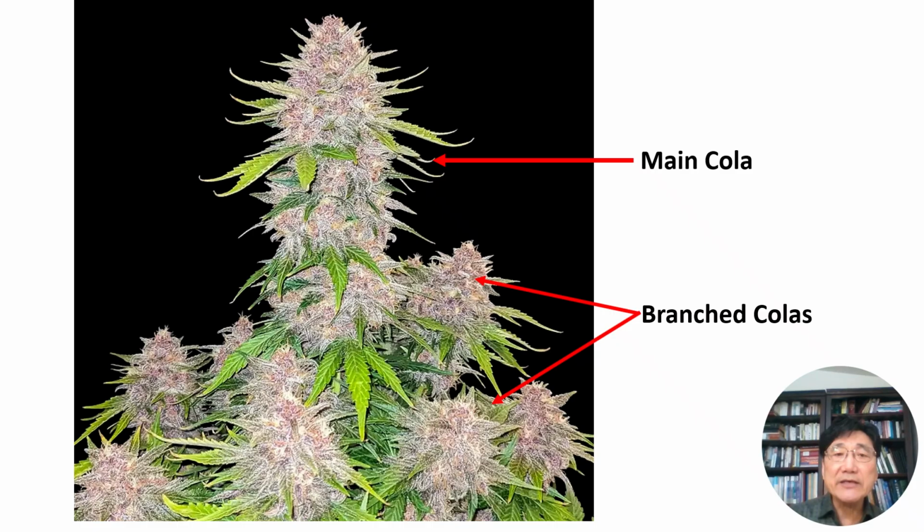The main collar is at the top, and the secondary collars are small and on side branches. A collar is composed of calyxes, bracts, pistils, and sugar leaves. They have trichomes containing cannabinoids and terpenes.